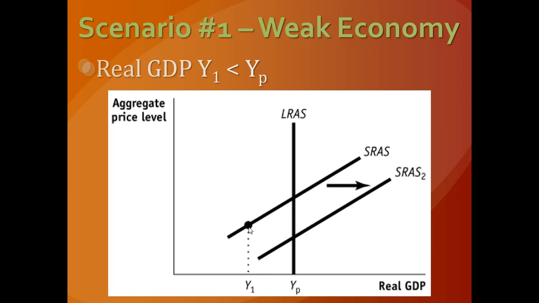And if there are lower nominal wages, that would reduce the cost of business, it would increase profit per unit, and it would cause short-run aggregate supply to shift to the right up until the point at which it intersects with potential output, and that's kind of where we would stop, once our actual output equaled potential output.